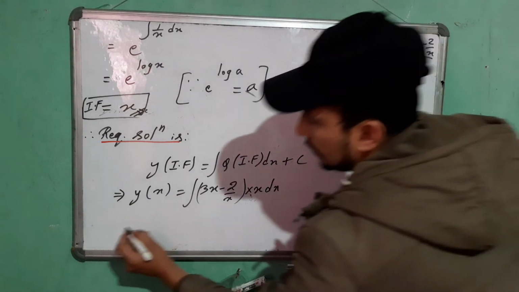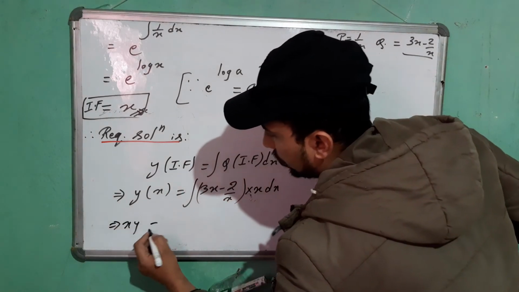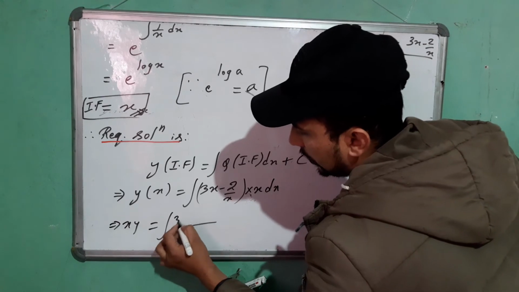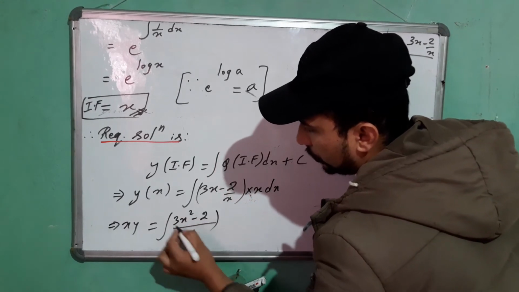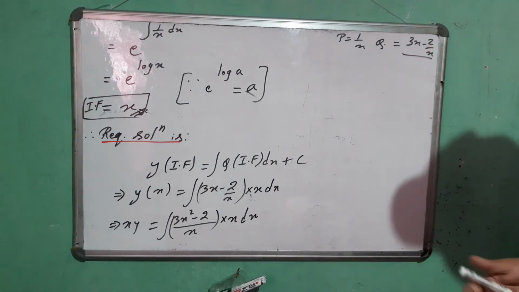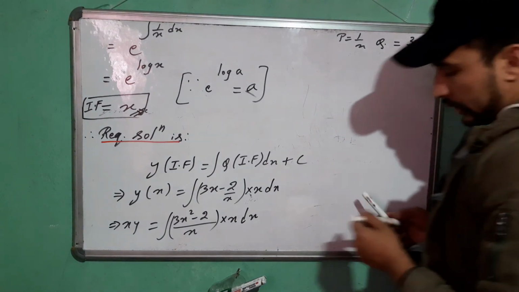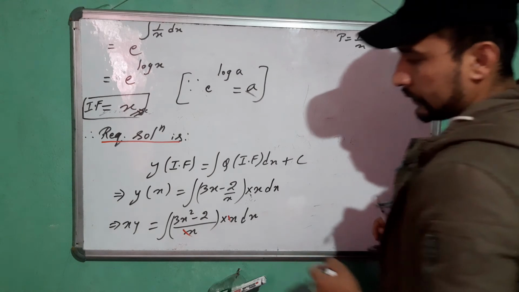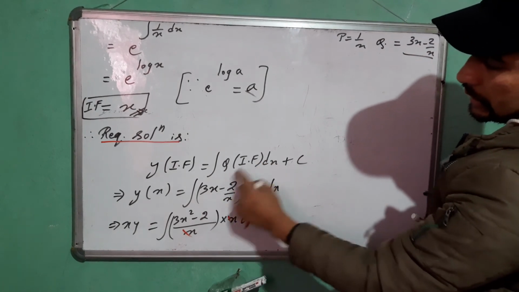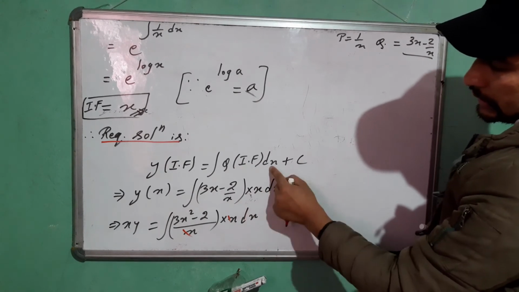So this is xy. Xy is equal to integration, take the LCM here. X is the LCM, 3x square minus 2 into x dx. These two will cancel, this and this. See, look at it, the value of Q is this, IF is x, and dx is as it is.